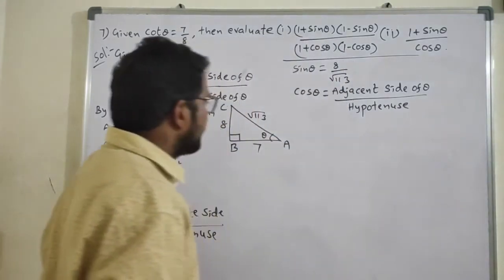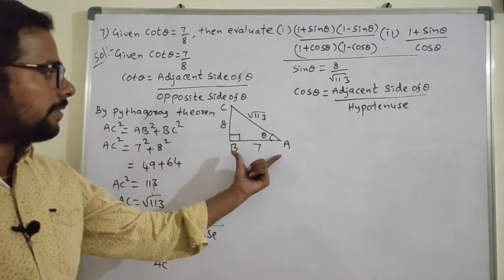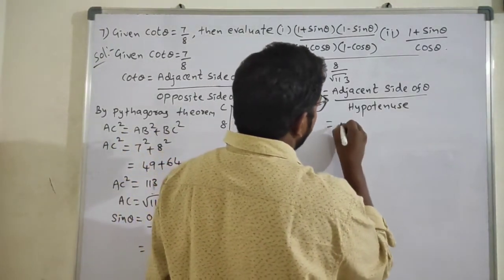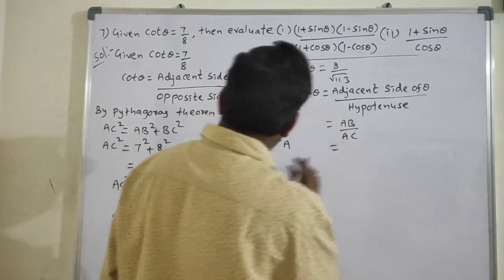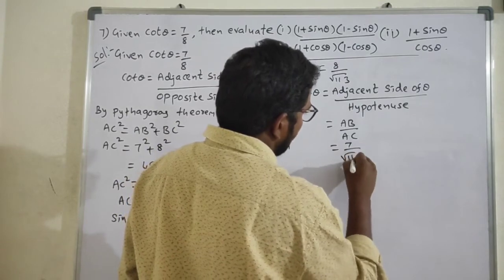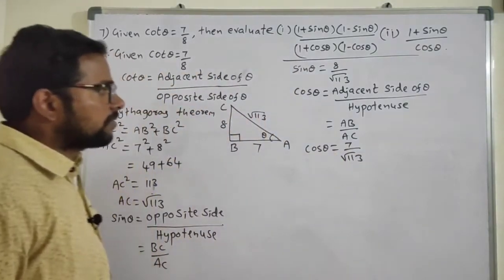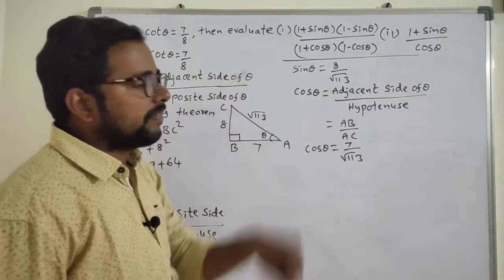What is the adjacent side of theta? AB. Hypotenuse is AC. So adjacent side AB by hypotenuse AC. What is the AB value? 7 by √113. Cos theta is equal to 7 by √113 and sin theta is equal to 8 by √113.